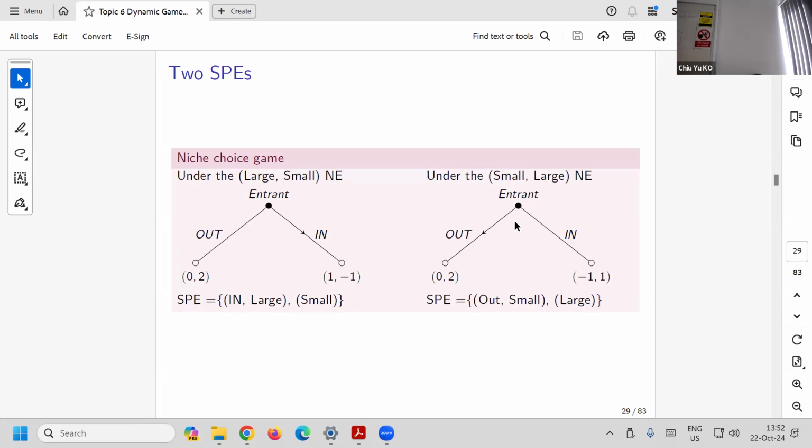And in the other case, the entrant actually stays out. But remember, this doesn't get realized, right?